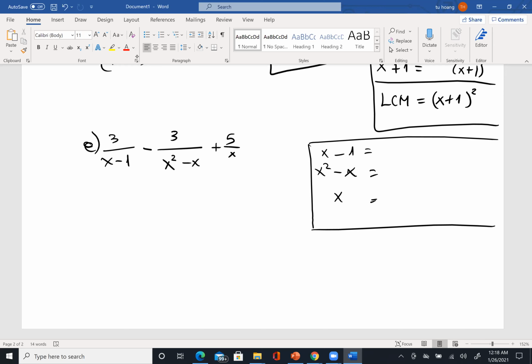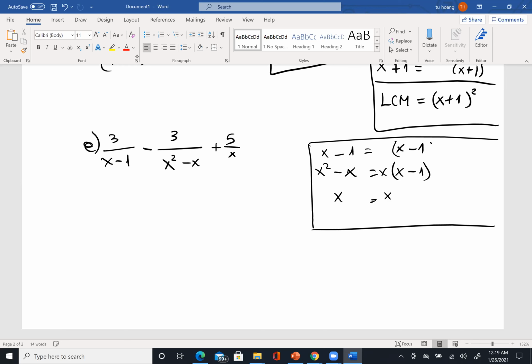Let's try to factor them. The first one is just x minus 1. The second one, you factor the greatest common factor, so it's going to be x multiplied by x minus 1 in parentheses. And then the last one is just x.